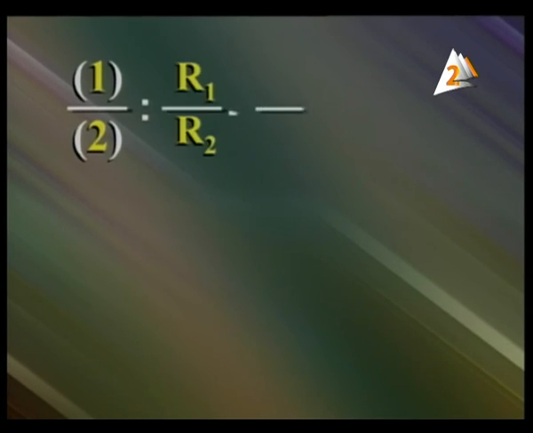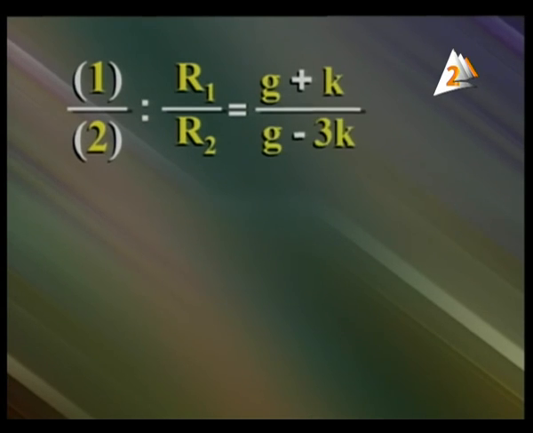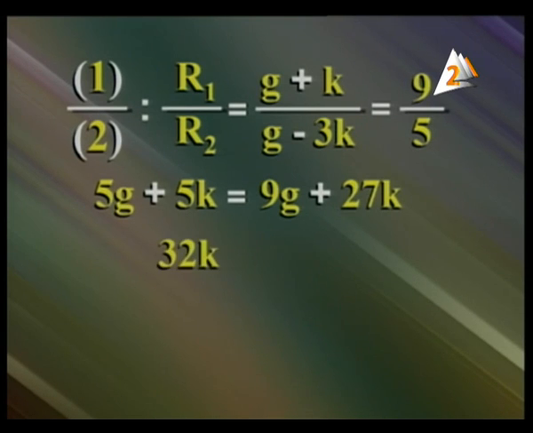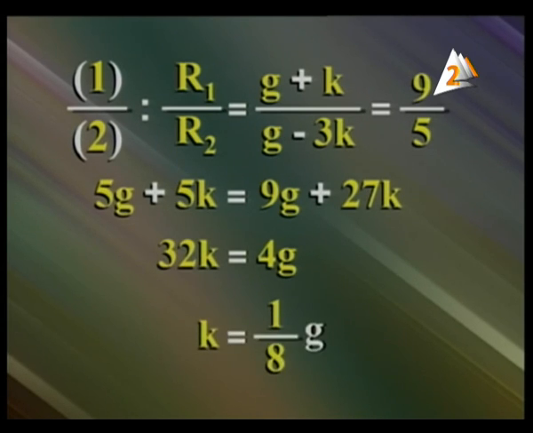Divide 1 by 2, so R1 over R2 equals (g plus k) over (g minus 3k) equals 9 over 5, then 5g plus 5k equals 9g minus 27k. Therefore, 32k equals 4g, therefore k equals 1 over 8 g.